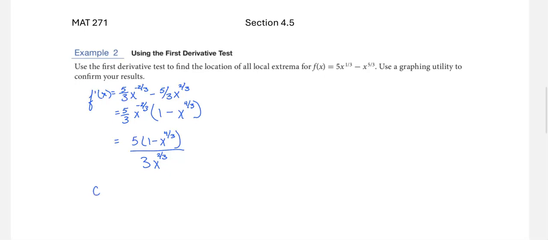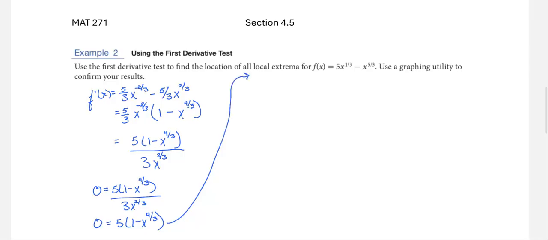So we're going to find critical numbers. To find critical numbers, we're going to set that derivative equal to 0. So we're going to have 0 equals 5 times 1 minus x to the 4/3. If I divide by 5, I have 0 equals 1 minus x to the 4/3.